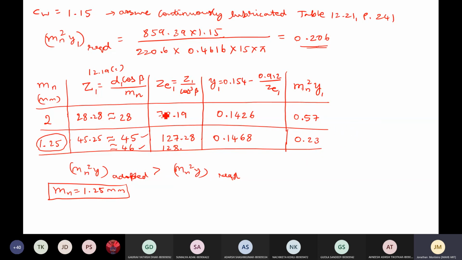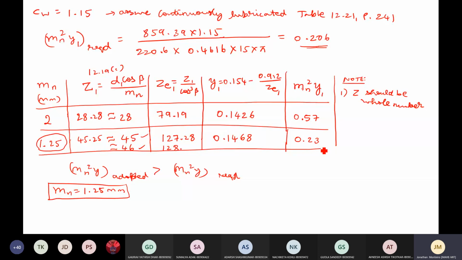Two things should be taken care of in this table. I'll just put it down here. First, Z should be a whole number always. Even though you get a different calculation here, set it to a whole number. The virtual number of teeth will anyway be a decimal number, so don't worry about it.